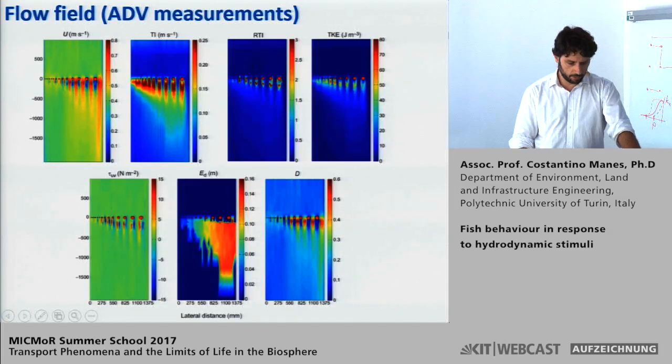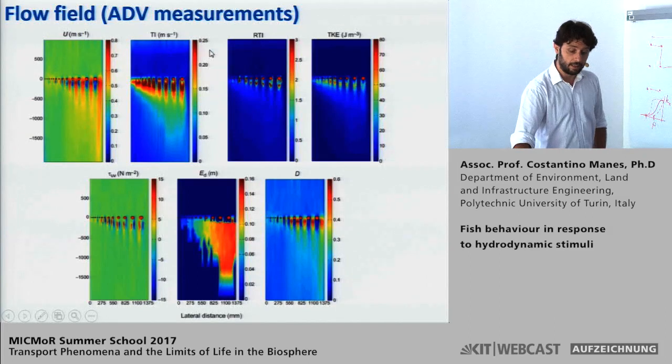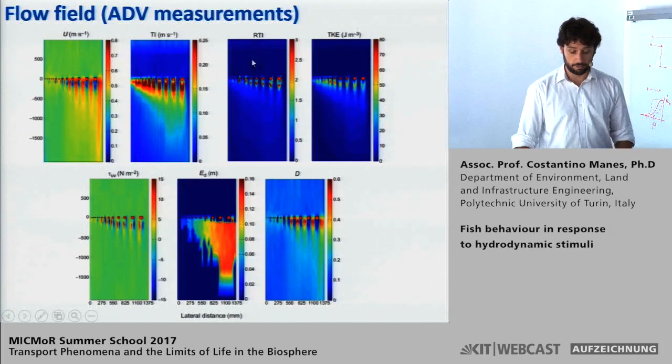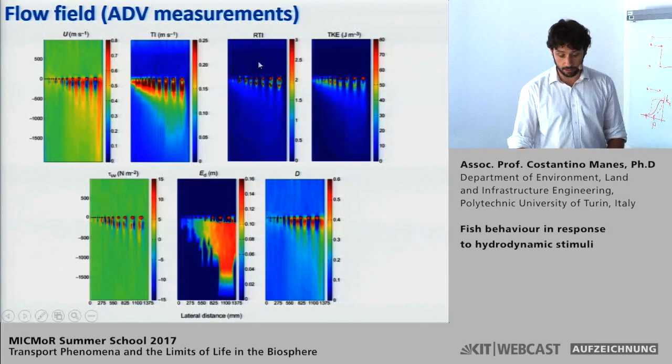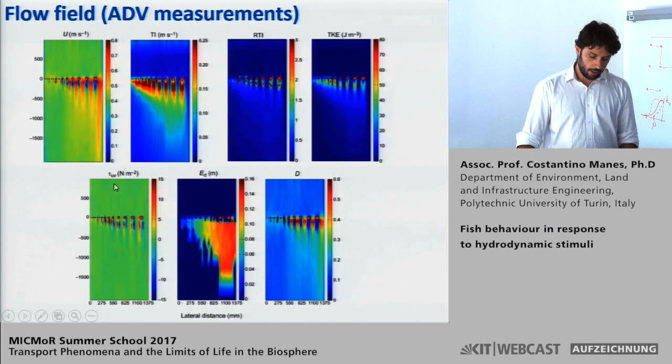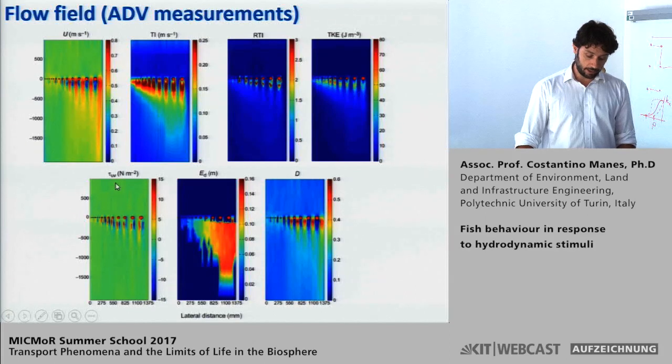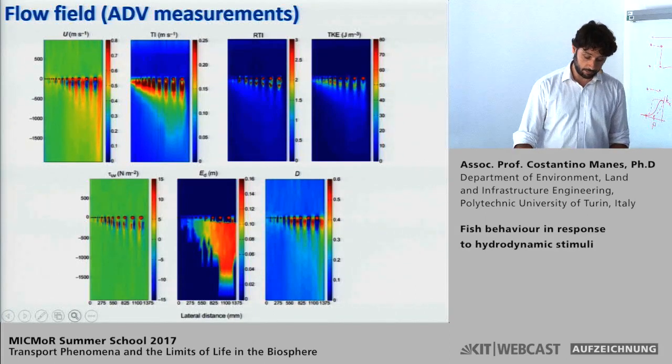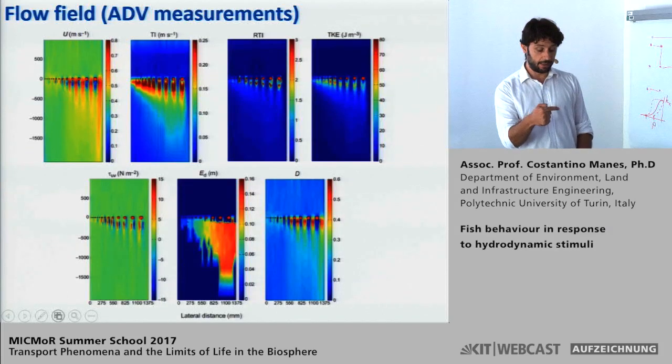So we could plot the flow field for the mean velocity, the turbulence intensity, which is essentially the variance of the velocities, the relative turbulence intensities for any component, the turbulent kinetic energy, and the Reynolds shear stress, which is the covariance between the longitudinal and the lateral velocity.